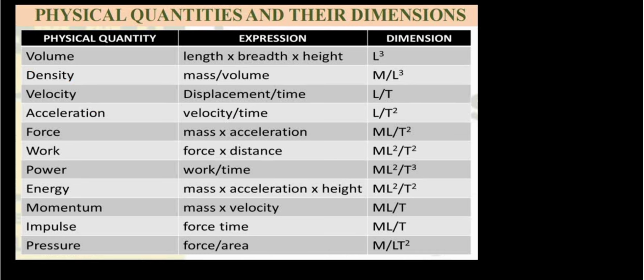If you look at this one, now we have the physical quantity, which is the volume. The expression, or the formula, of the volume of a box or rectangle is length times breadth times height.